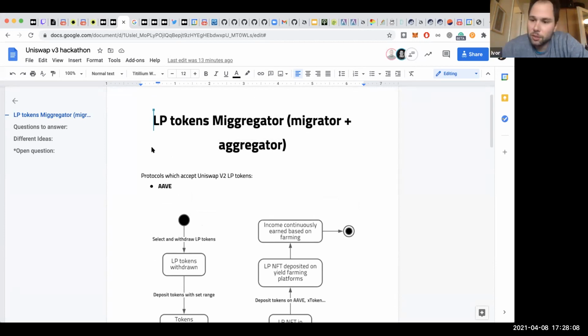What is the idea? A large amount of liquidity needs to move from Uniswap V2 pools to Uniswap V3 pools. We found out that a lot of users are pretty concerned about how the process would look.